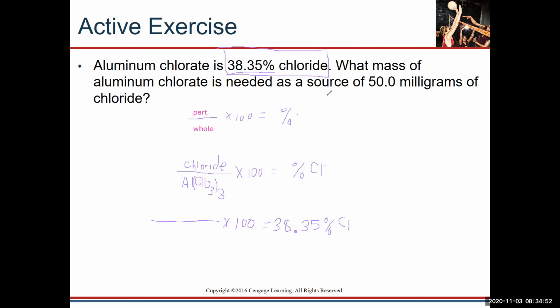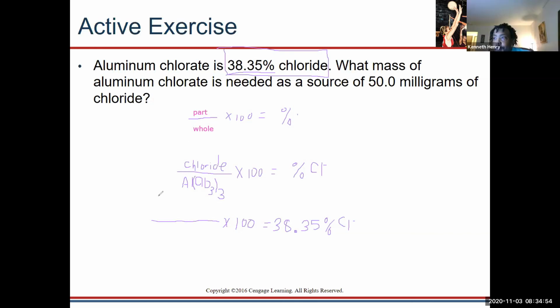That's the part. So they're giving me 50.0 milligrams of chloride. This is what I'm trying to find out. I'm going to put a Y here. I want to know what my Y is. Okay, so how can I solve for Y?